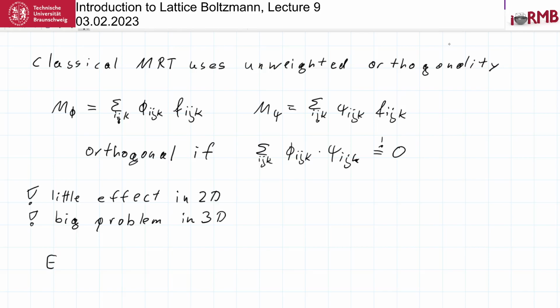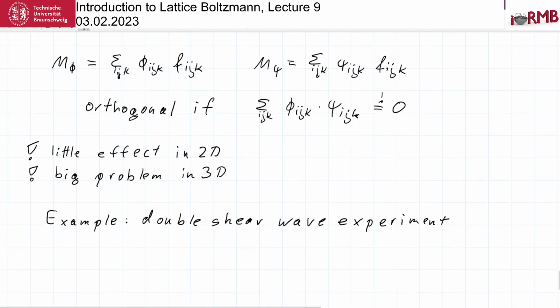If you wonder why we are taking this example of a double shear wave: this is nothing that comes up in nature, but we saw there is a theoretical problem with this orthogonality, or with the model, and we thought about one specific simulation problem that would highlight this, and this is the double shear wave experiment. So this has an analytical solution.